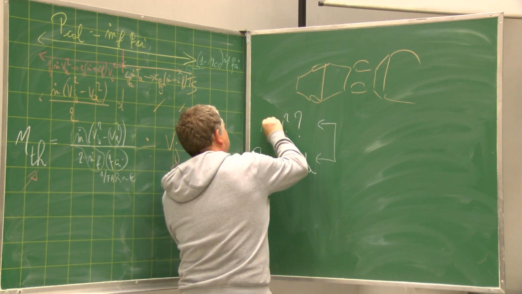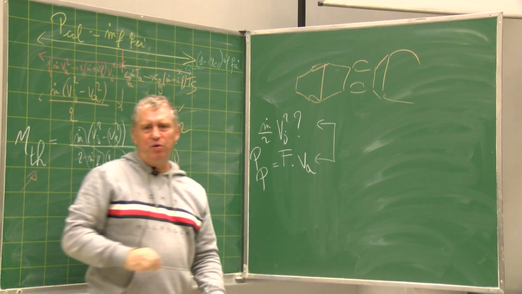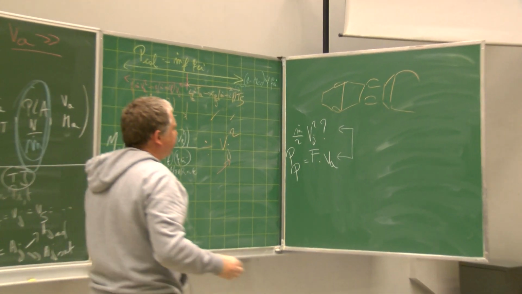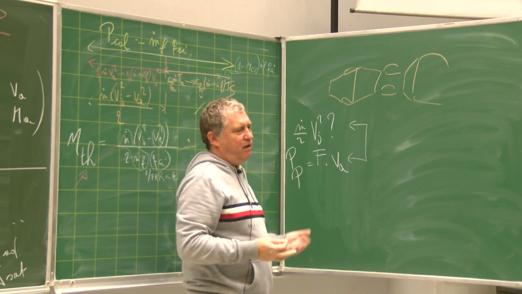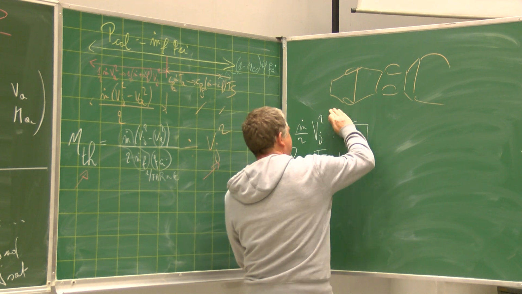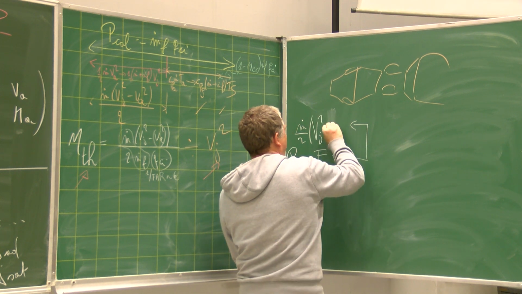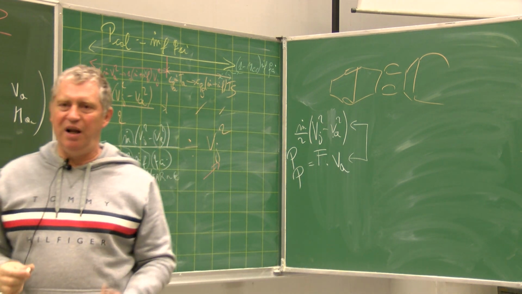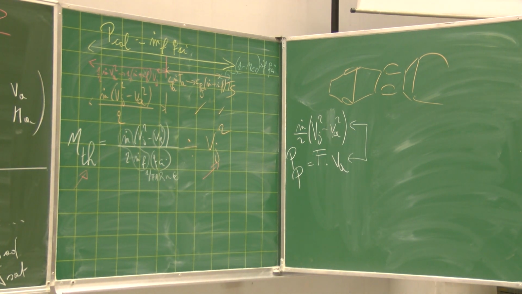Between m dot divided by 2 Vjet square, which is a kinetic power, if we can call it like this, of course still minus the VA square, that was the initial kinetic power that was available.